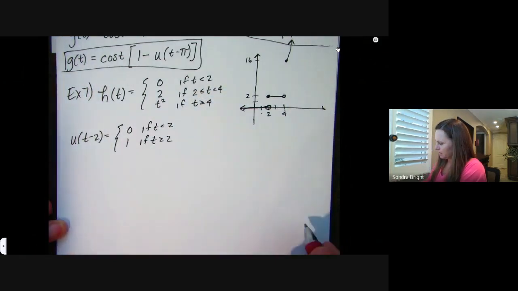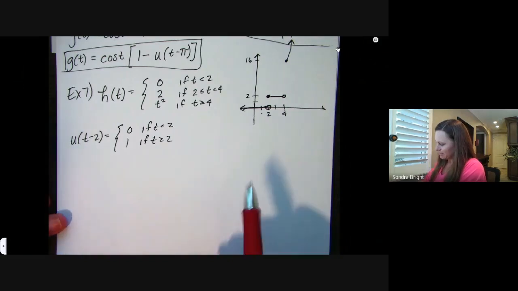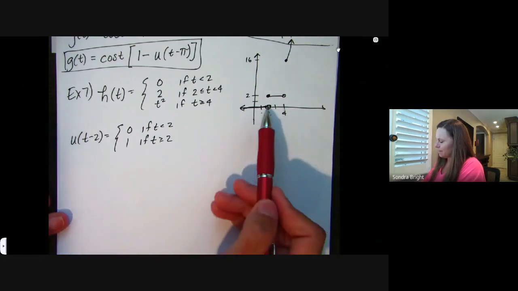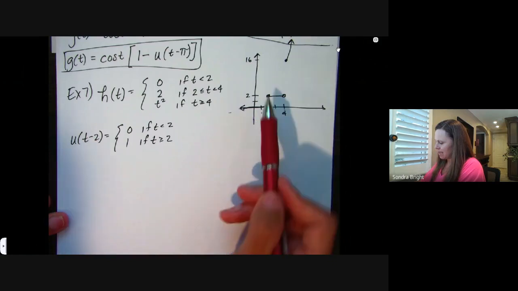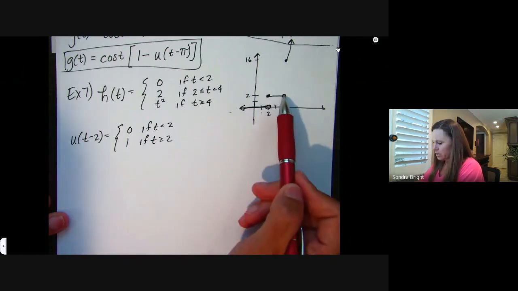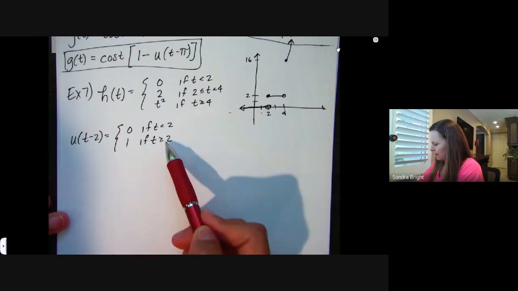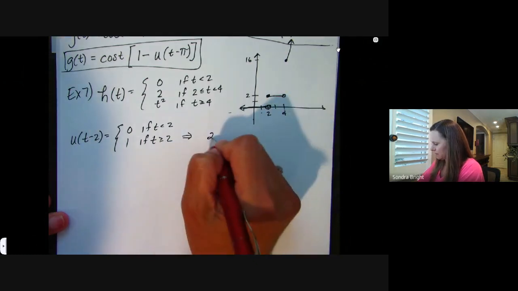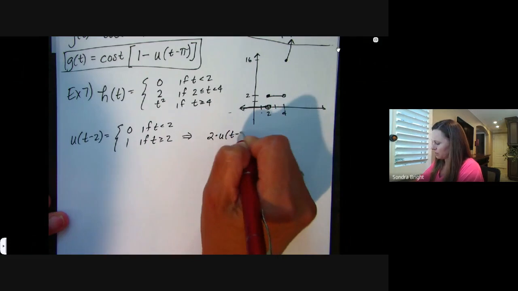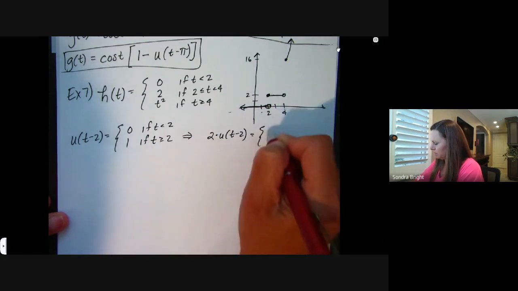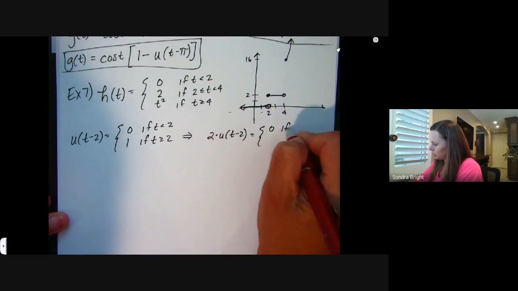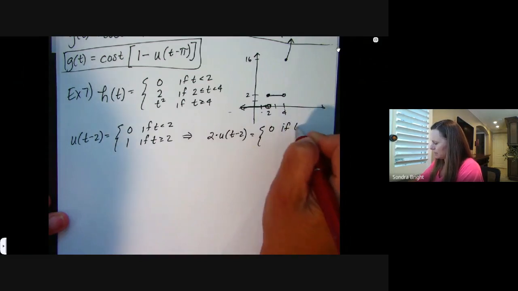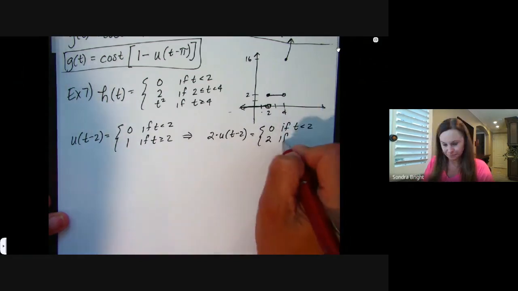But I have 2 for my y value when it's greater than 2. So to get the 2 there, you need 2 times u of t minus 2, because that'll still give you 2 times 0 is 0 for when t is less than 2, but it'll now give you a 2 if t is greater than or equal to 2.